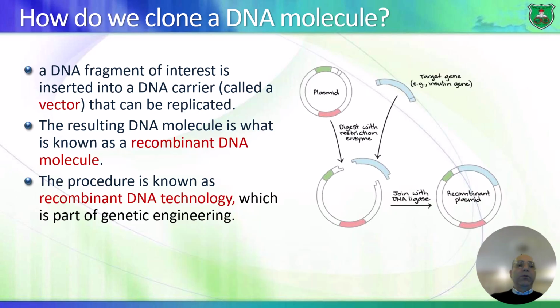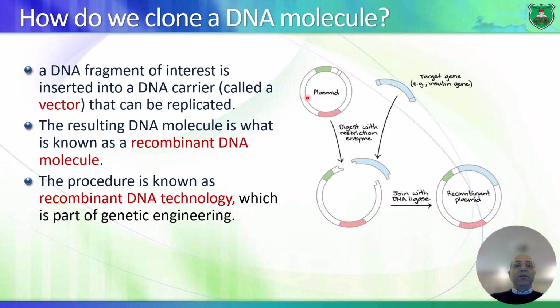Now, what we do is take these plasmid molecules and make them function as vectors, meaning that we make them carriers of pieces of DNA, target genes, for example, whatever piece of DNA we want them to carry. And we create recombinant DNA, DNA made of different sources.